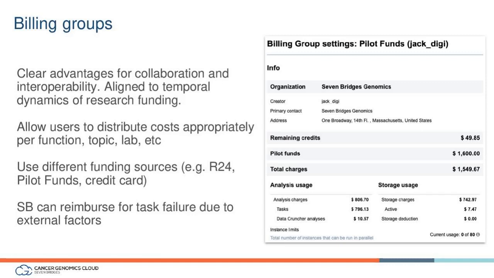And that's very, very helpful because the total charges are broken down into analysis charges as well as storage costs. And you can feel free to email the SB team if you're worried about your daily storage cost as well.